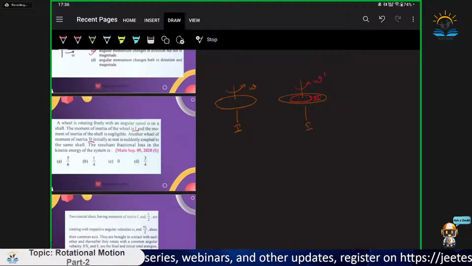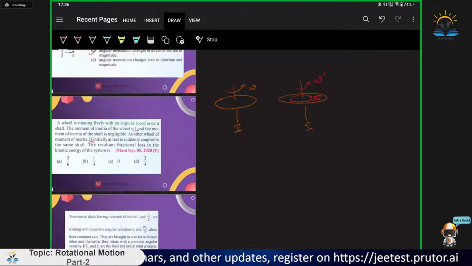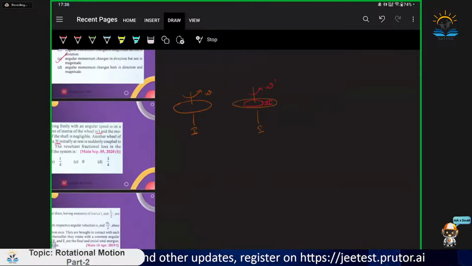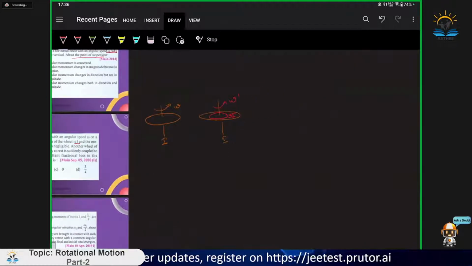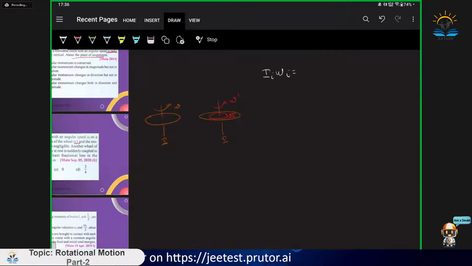See here, there is no external net torque. External torque is zero here. So what can we write? By angular momentum conservation we can write I initial into omega initial equals I final into omega final. Here initial moment of inertia is I and initial angular velocity is omega.